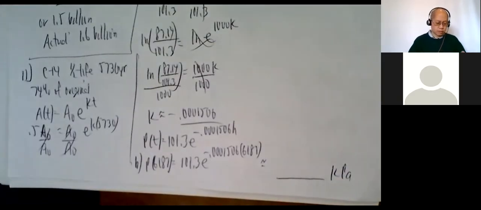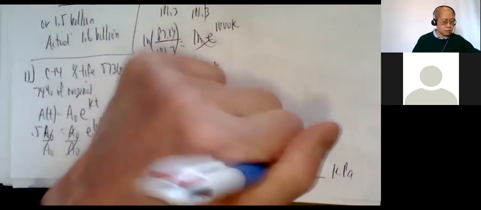Let me just do that: 101.3, second function e to the, answer times 6187, is 39.90.